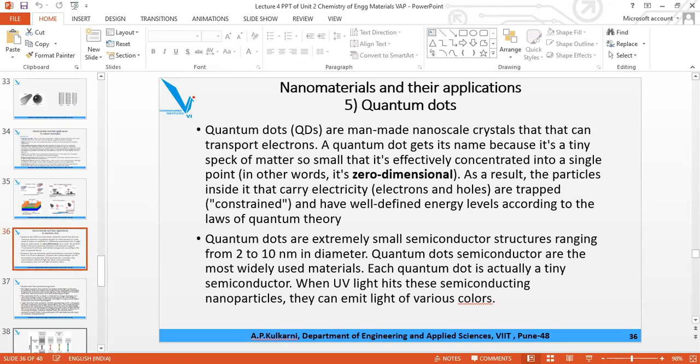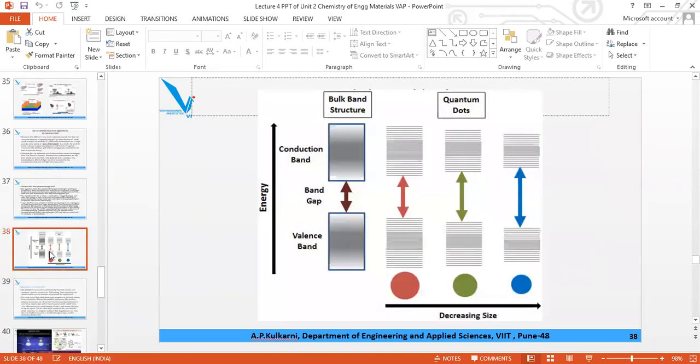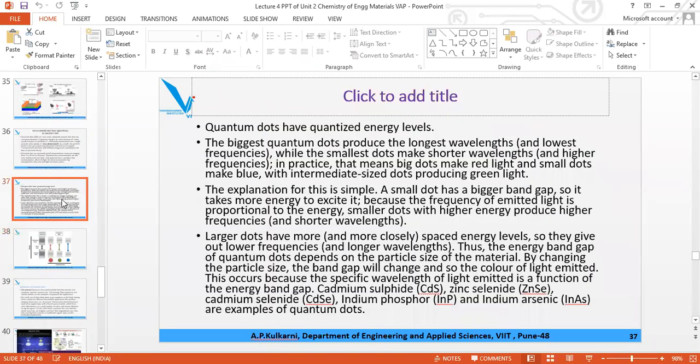They are like a dot or a full stop, zero dimensional, and 2 to 10 nanometers in diameter. When you hit them with UV light, they give out different colors, because of which their properties have applications for various purposes.